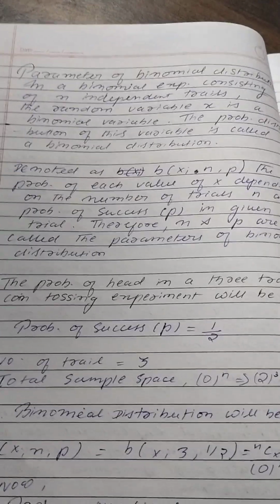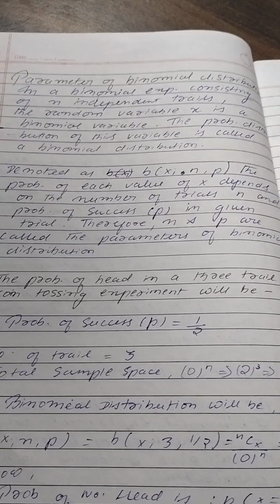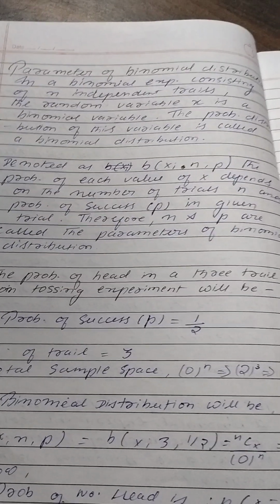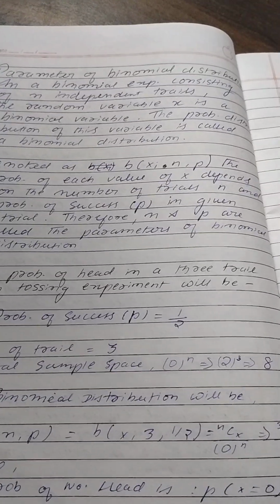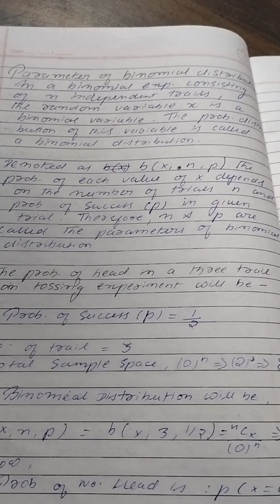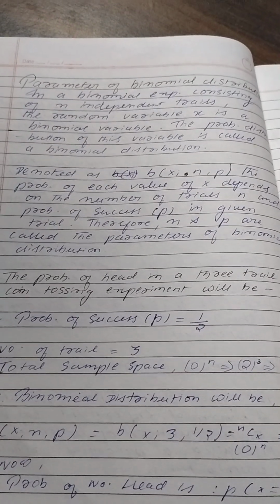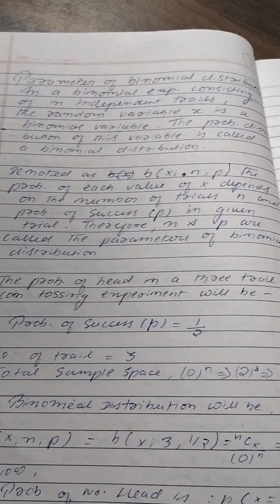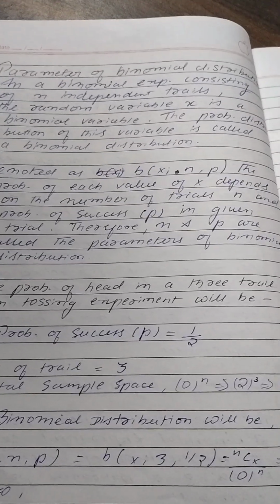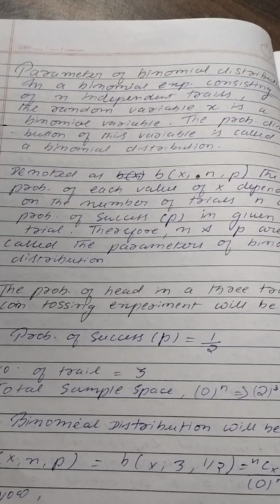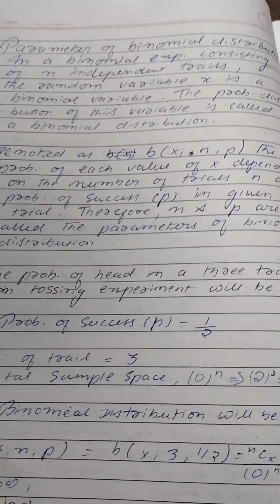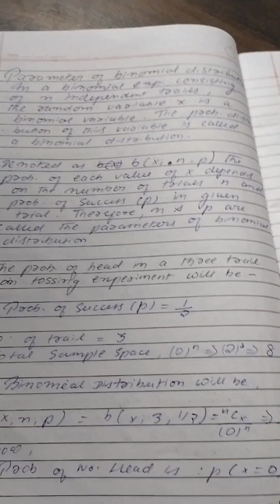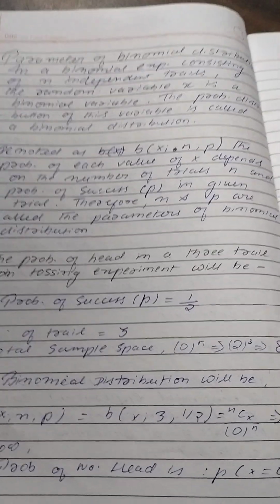The probability of each value of x depends on the number of trials n, and the probability of success p is given in the trial. Therefore n and p are called the parameters of the binomial distribution.